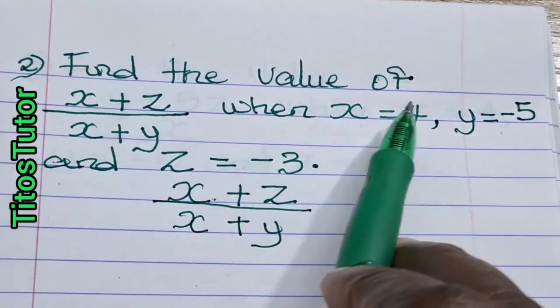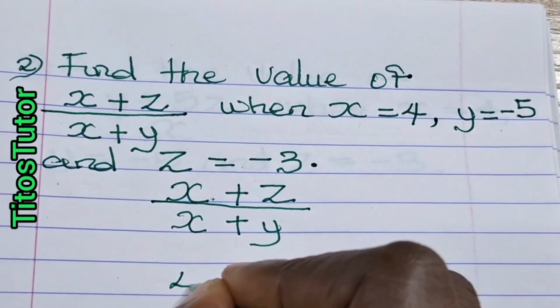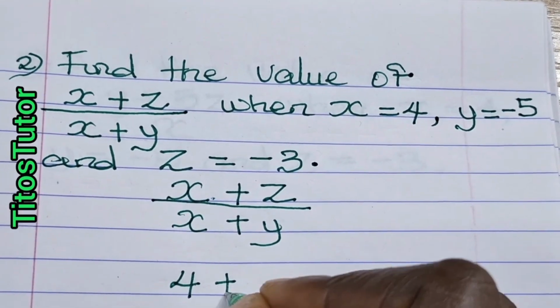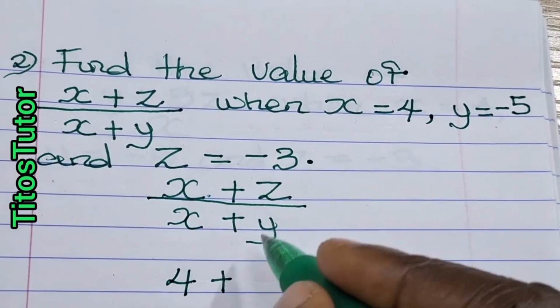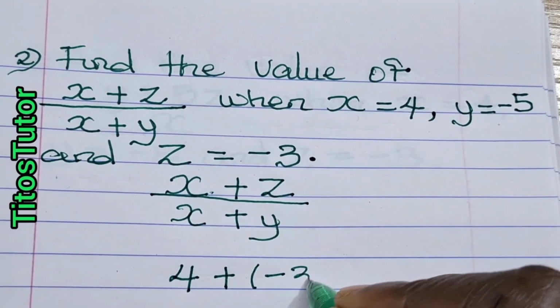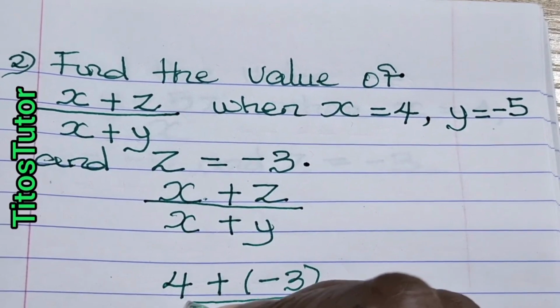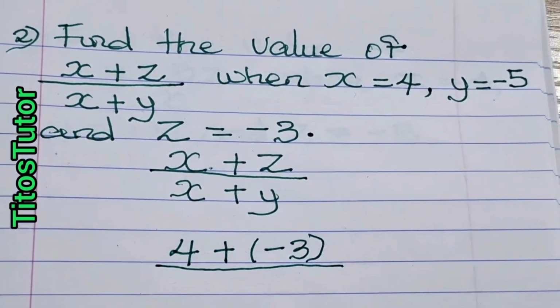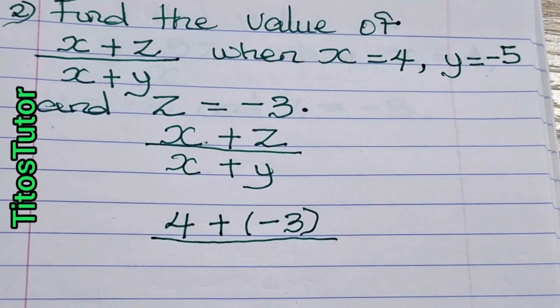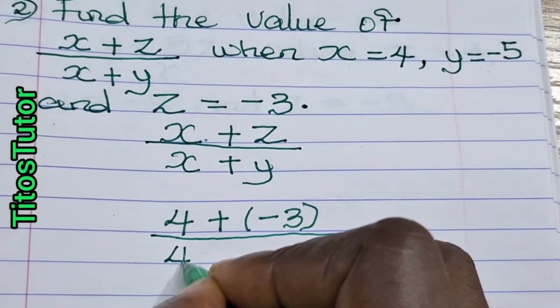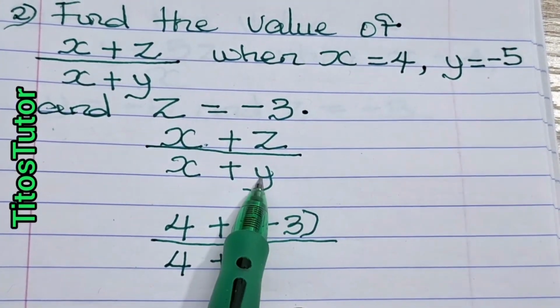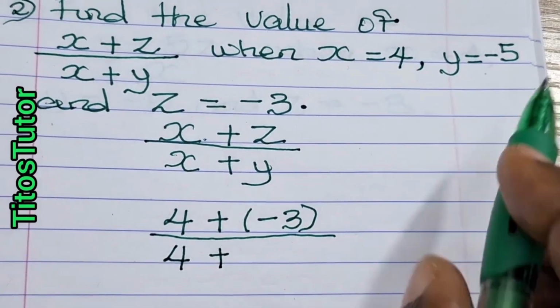In place of x, I put a 4. So this is 4, then plus. In place of z, I put a -3. This is a -3 all over x plus y. In place of x again, I put a 4. There's a plus. In place of y, I put a -5.